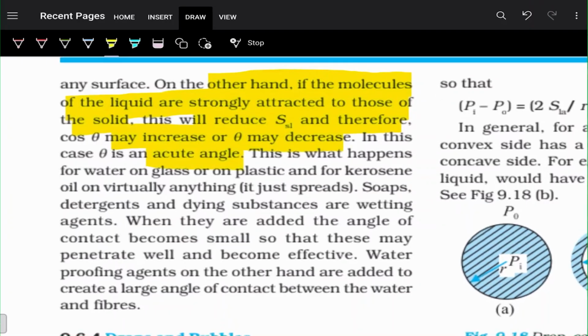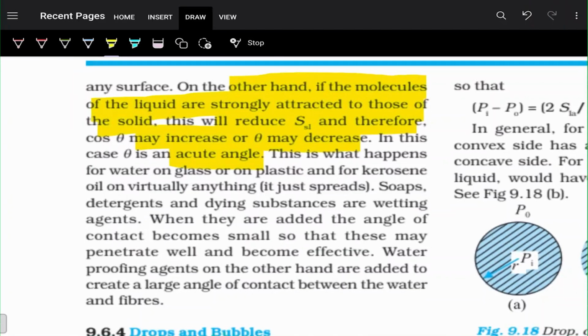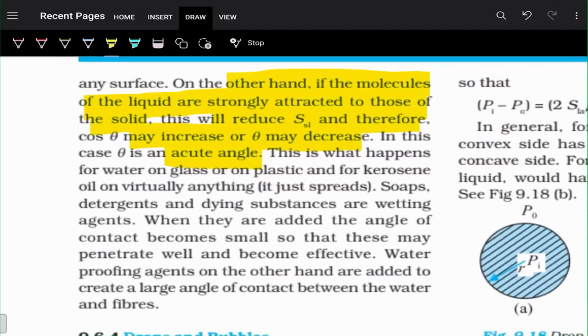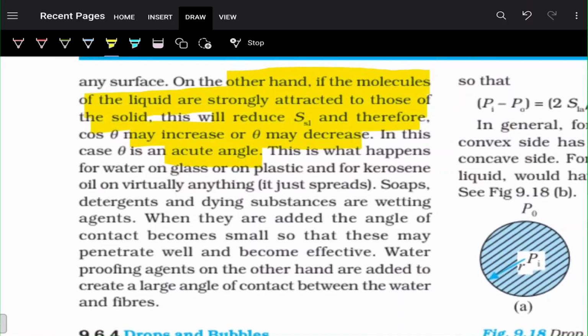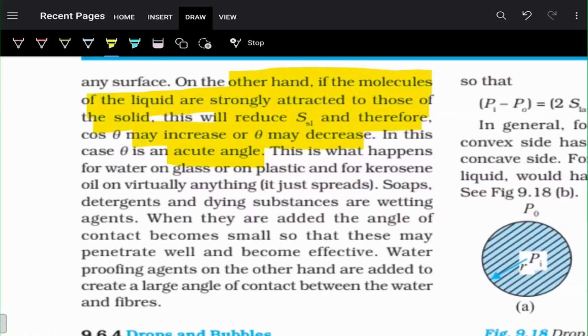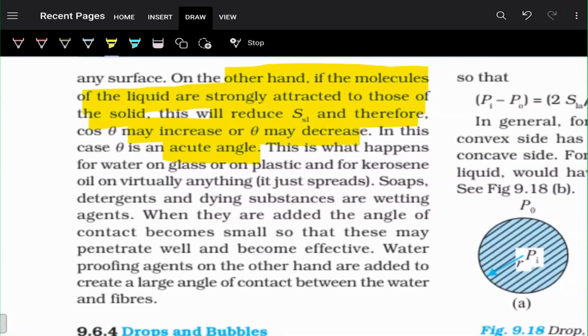Acute angle എന്തുകൊണ്ടാണ് acute angle ആകുന്നത്? Molecules of the liquid are strongly attracted to those of the solid. This is what happens for water on a glass or on plastic, and for kerosene oil on virtually anything. Soaps, detergents and dyeing substances are wetting agents.